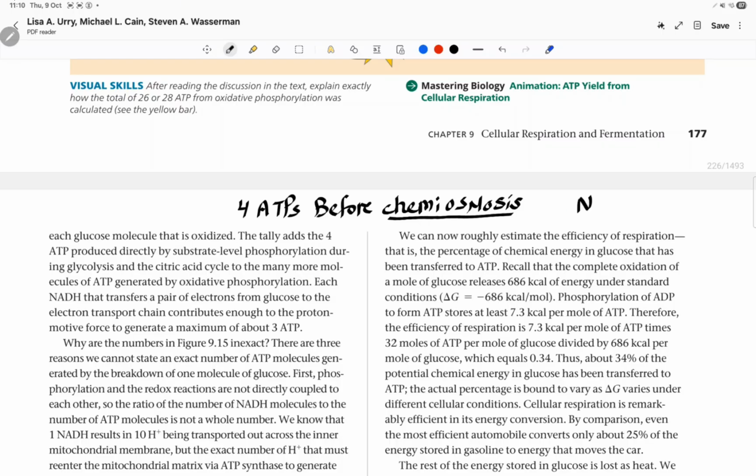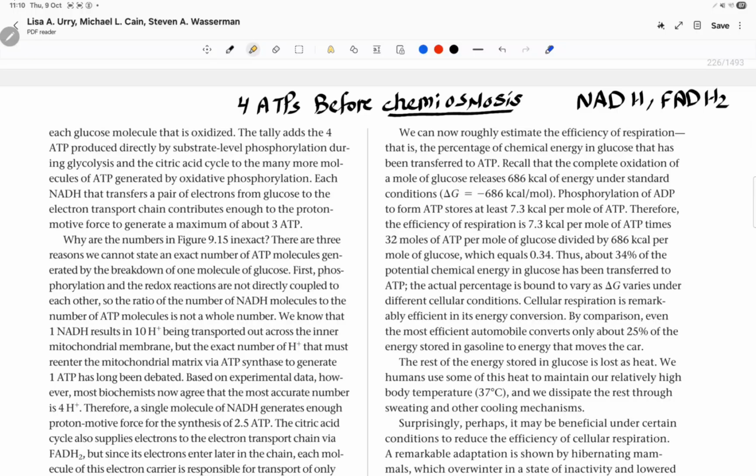These electrons come from 2 electron carriers, NADH and also FADH2. If we see the word phosphorylation, does that mean removing a phosphate or adding a phosphate? Adding a phosphate. For example, when ADP mixes with a phosphate to give you ATP, that's called phosphorylation.